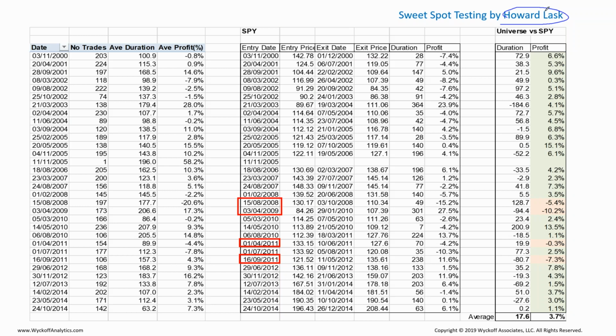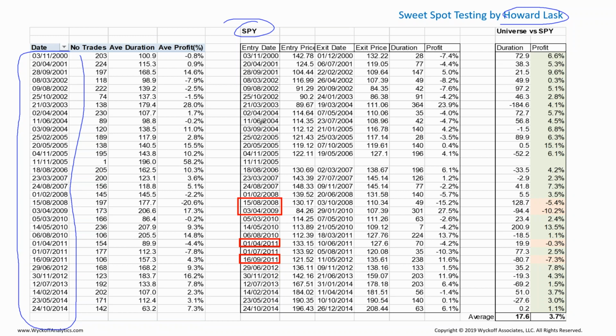So he decided to do the visual backtesting of the sweet spot concept. And he said, I want to look at the S&P and I want to define all of the moves in the S&P, all of the swings that had a reversal and are ready to go up.